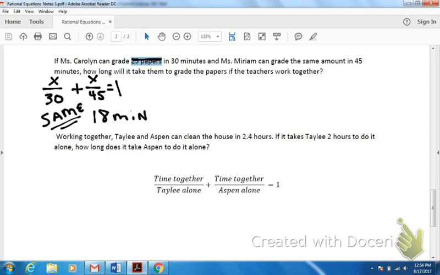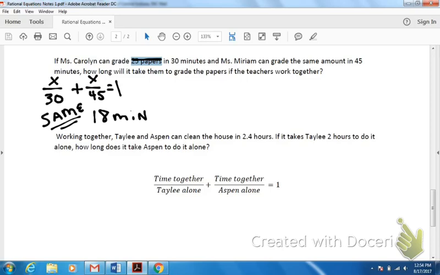All right, now we got Taylor and Aspen, and they are cleaning a house. Now this one's a little different because notice it says working together, they can clean the house in 2.4 hours. So our X should not be on top. The 2.4 is what belongs on top. Does everyone see why?